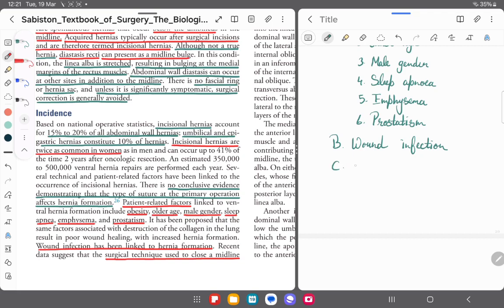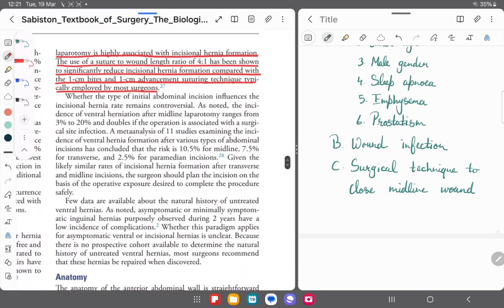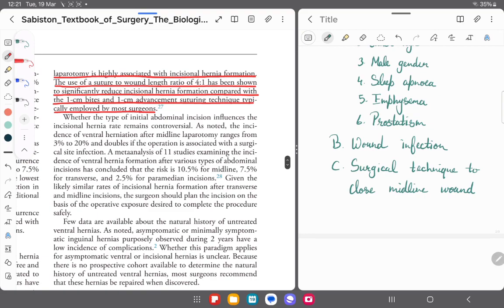And then surgical technique to close the midline wound. Surgical technique to close the midline wound is also implicated in hernia formation.